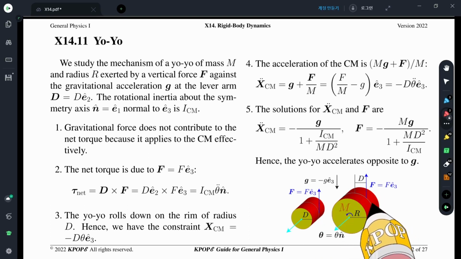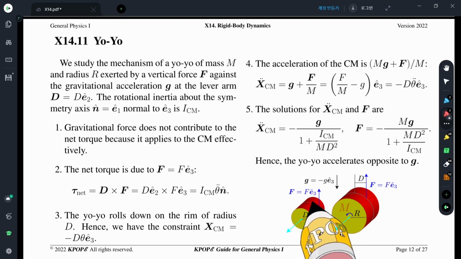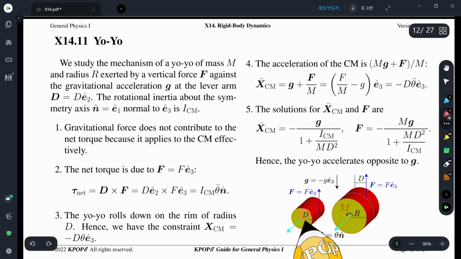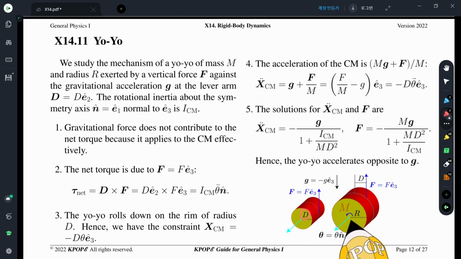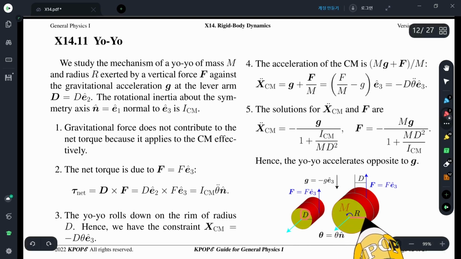There is a little gap so that we can wind the string, and the string is wound on the surface of this inner cylinder. The inner cylinder has a smaller radius d, and the radius capital R is greater than d.